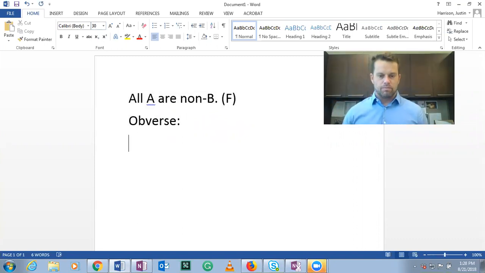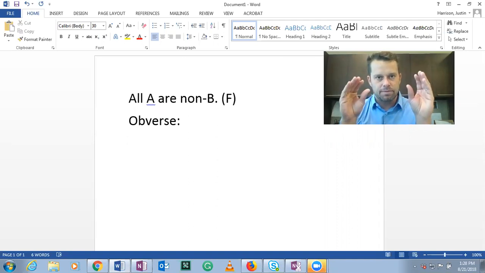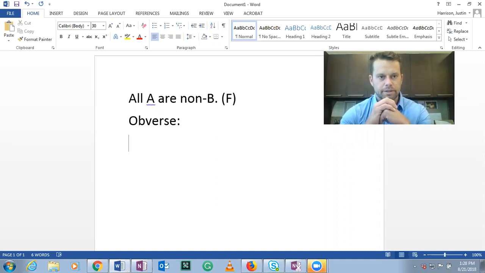So what do you know automatically? Because if the first statement is false, what do you know automatically if we're doing obversion? You know that the new statement is going to be false of necessity, because every time you create an obverse, no matter what type, A, E, I, or O, it's always logically equivalent. So we know in the end this is going to be false.